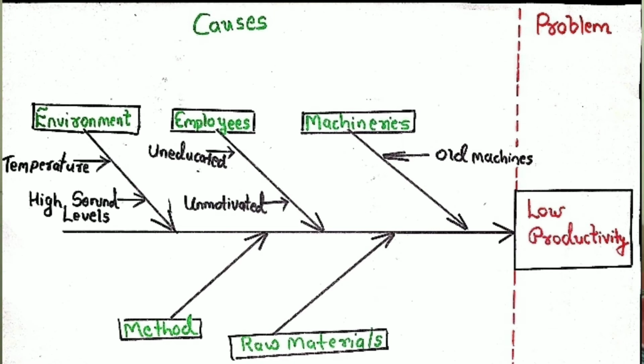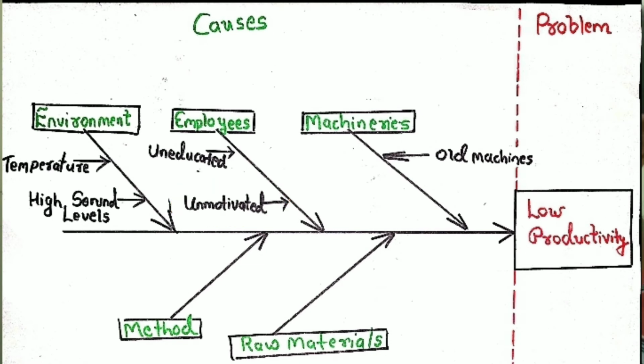Coming to the employees, here employees is the primary cause. The secondary causes related to it can be that the employees might be uneducated or unskilled, and they might even be facing low motivation.